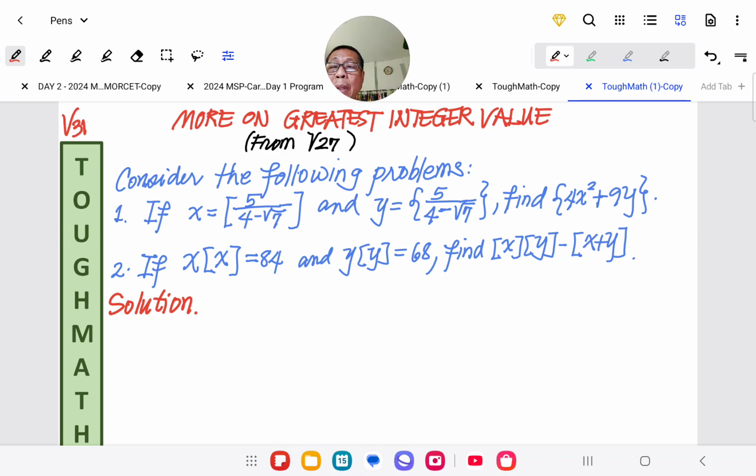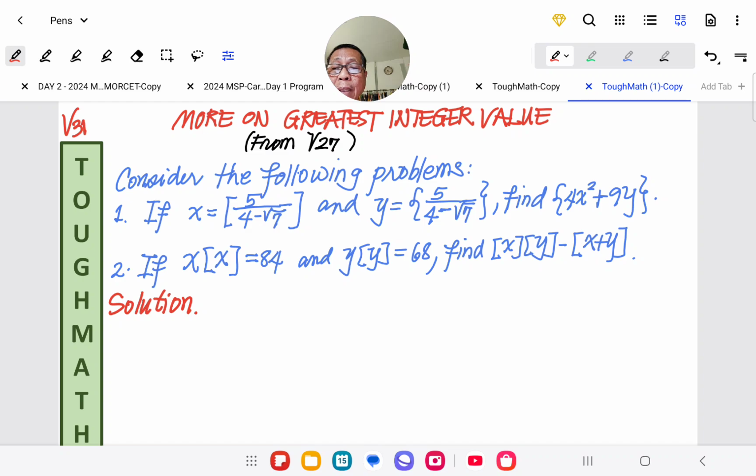For number one, we have: if x is equal to the greatest integer value of 5 over 4 minus square root of 7, and y is the fractional part of 5 over 4 minus square root of 7, find the fractional part of 4x squared plus 9y.